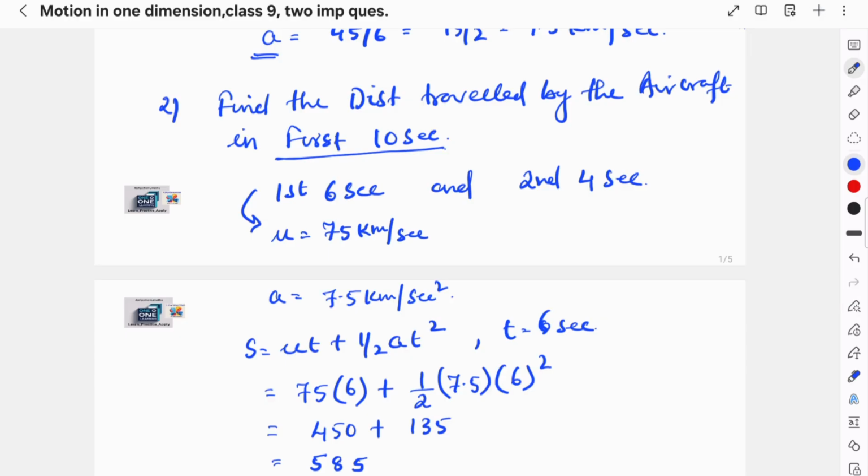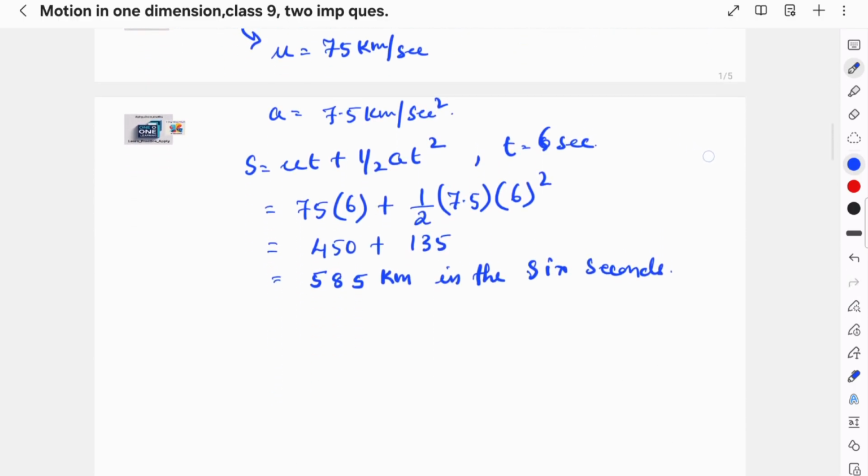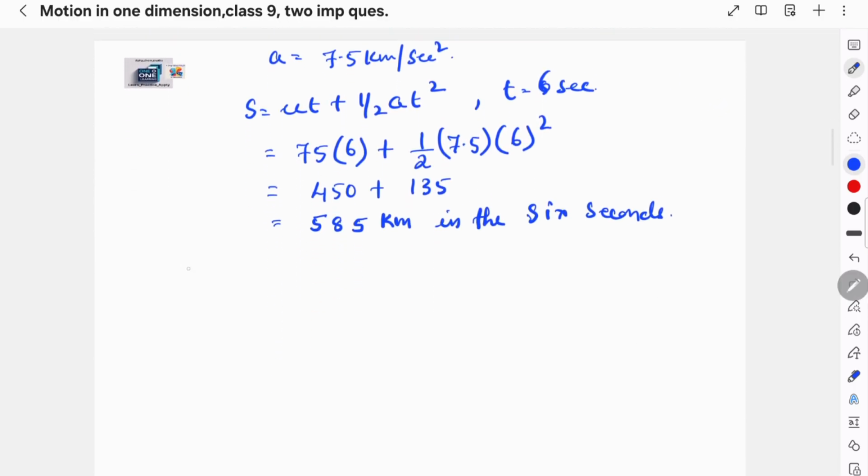So the aircraft has traveled 585 kilometers in the first 6 seconds. Now we need to find for the first 10 seconds. So the remaining 4 seconds, now calculating for the remaining 4 seconds.